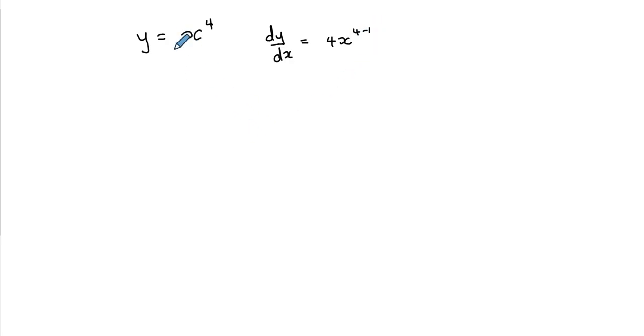If we were to get the third order derivative, we first calculate the second order derivative, d2y/dx squared, which in this case is 3 times 4 multiplied by x to the power 2. Then we go to the third order and then the fourth order derivative.